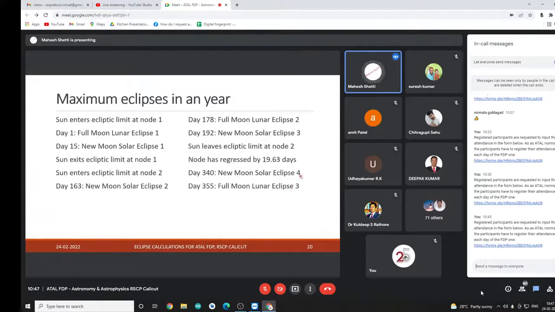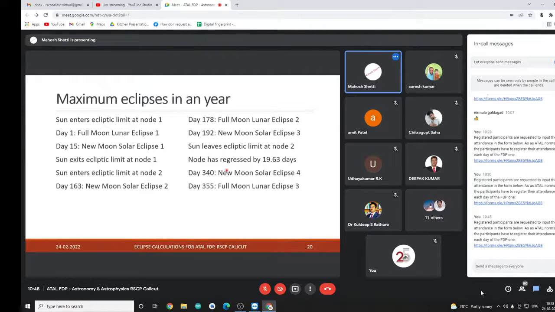So there will be basically 4 solar eclipses and 3 lunar eclipses. Lunar eclipse 1 and solar eclipse 1 at the first node; at the second node, 2 solar eclipses and 1 lunar eclipse; and at the third node, again 1 solar eclipse and 1 lunar eclipse. So basically, 7 eclipses maximum can happen in a year.